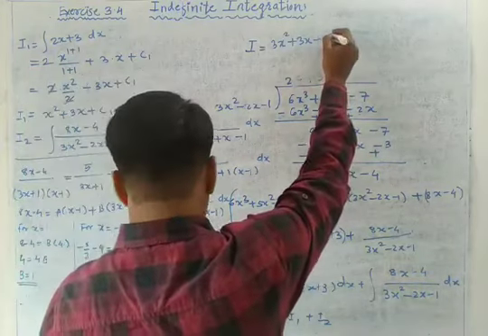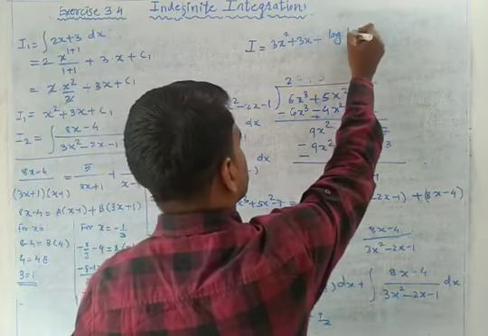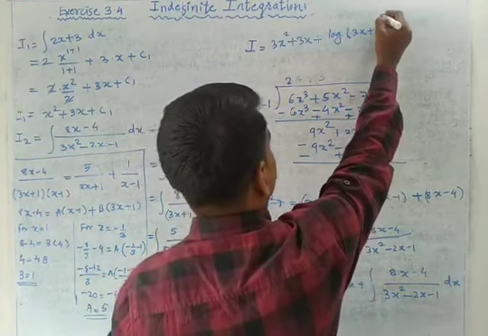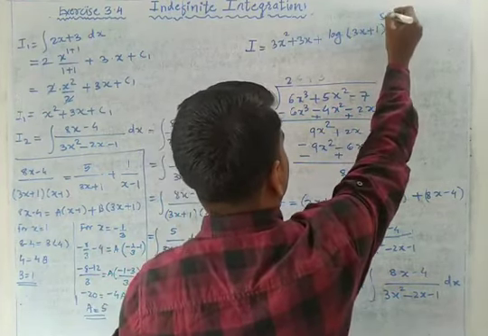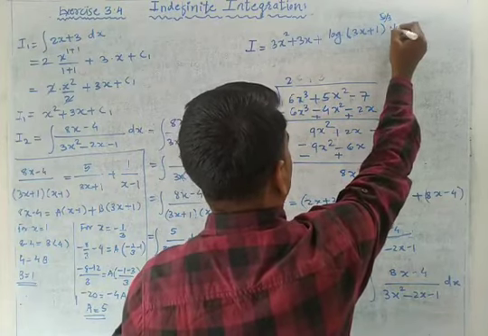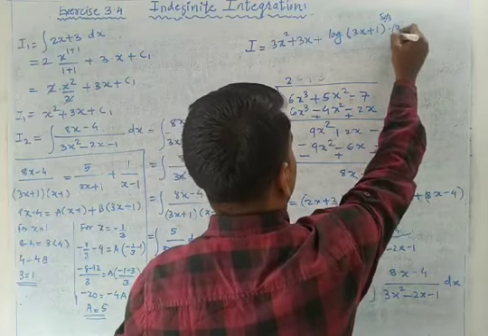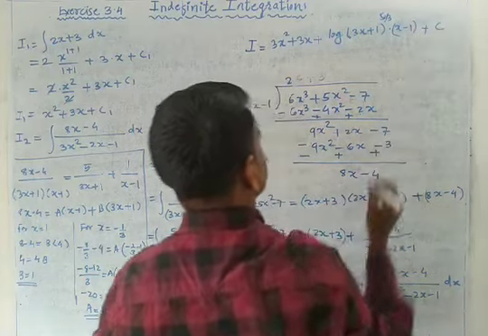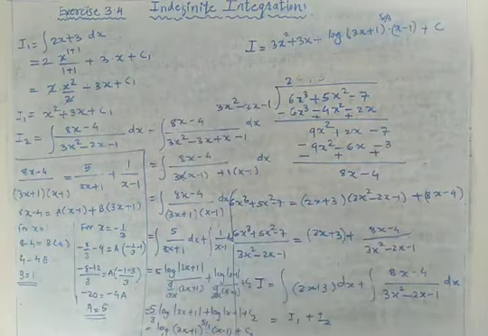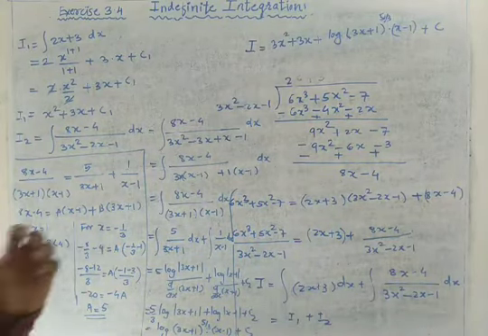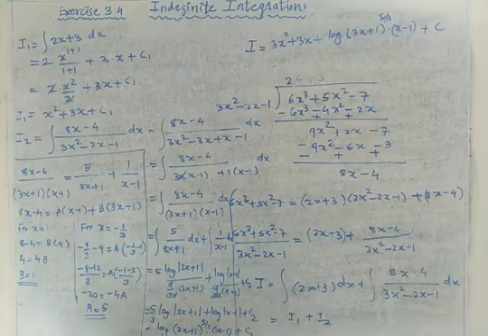The value of I2 is log of 3x plus 1 raised to 5 by 3 into x minus 1, and that c1 and c2 merge with c. So this is the final value of I. So please check the solution properly from first step to last step and see how the values for a and b we got and how the values for I1 and I2 we got.